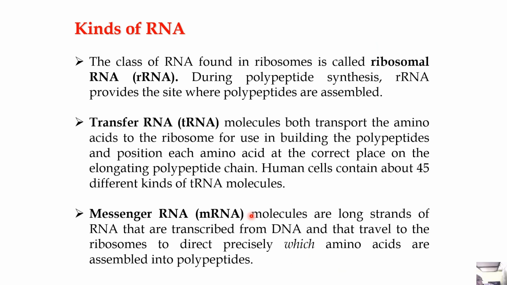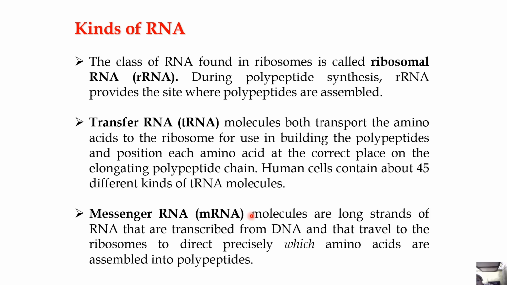The kinds of RNA: the class of RNA found in ribosomes is called rRNA, ribosomal RNA. During polypeptide synthesis, rRNA provides the site where polypeptides are assembled. Then we have tRNA molecules, which transport the amino acids to the ribosome for use in building the polypeptides, so that each amino acid is in the correct place on the elongating polypeptide chain.